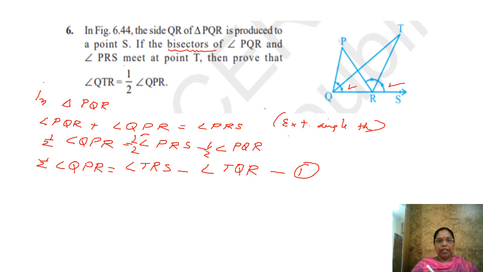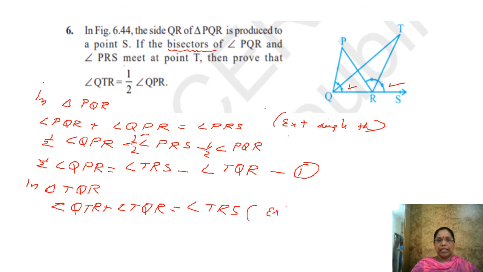Now we are taking the next triangle. In triangle TQR, we get angle QTR plus angle TQR is equal to angle TRS. That is the exterior angle theorem. Now what do you get?